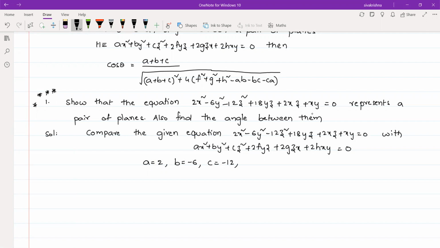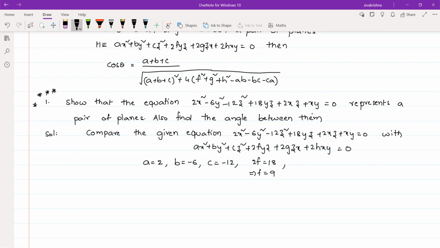Now coming to f, g and h values. Here f is nothing but the coefficient of yz. The coefficient of yz is 2f, and in the given equation the coefficient of yz is 18. So 2f = 18, which implies f = 9. This is the f value.